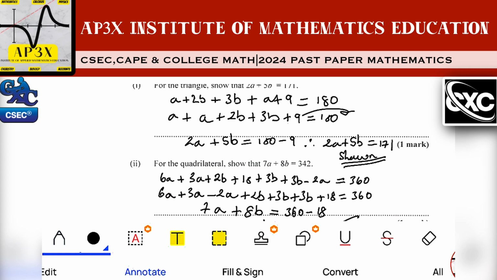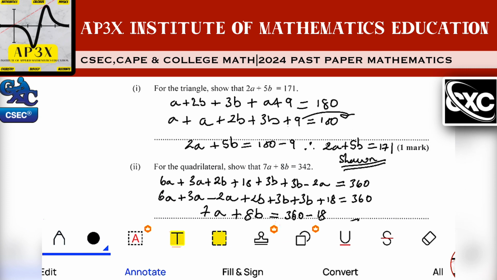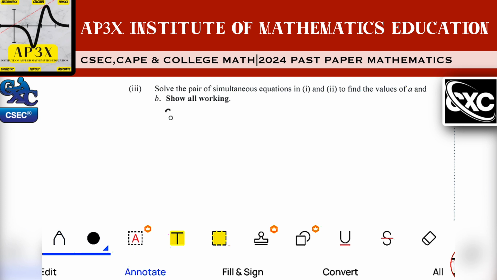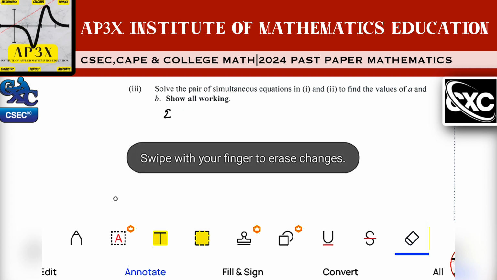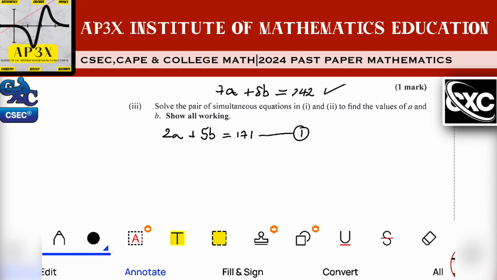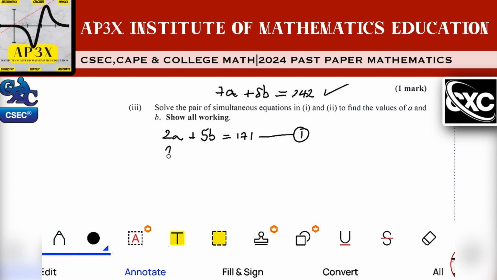So the equation that we got in part 1 was 2a plus 5b equal 171, and that's going to be equation 1. And the equation that we got in part 2 was 7a plus 8b equal 342, and that becomes equation 2.